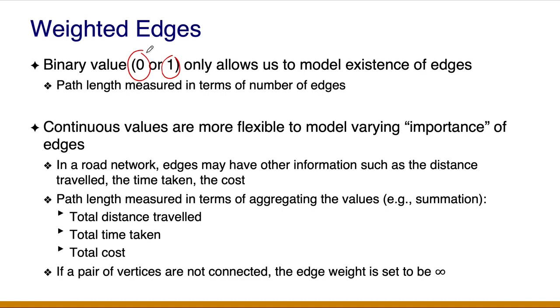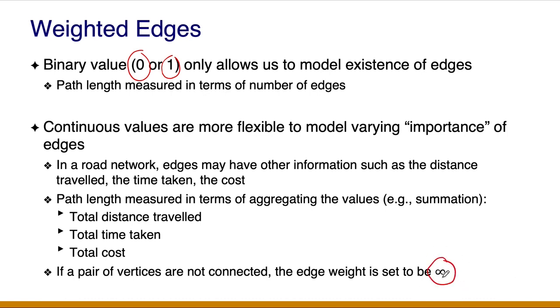All right, so in this case, because we have the weight, we use a continuous value to represent the edge value. So we cannot simply use 0 to represent the fact that you don't have any edges anymore. To generalize to the case where we have weights, every time a pair of vertices are not connected, the edge weight is now set to infinity, right?